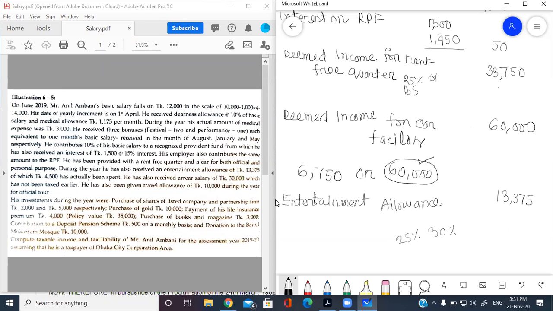So in that case, you can easily understand how much will be the tax liability out of this entertainment allowance. These are tax percentages of the high income people.